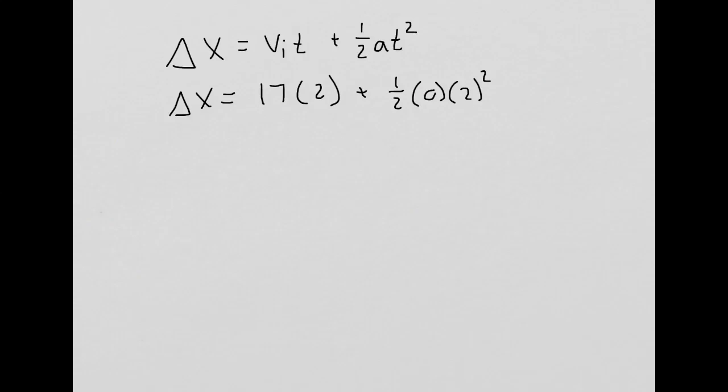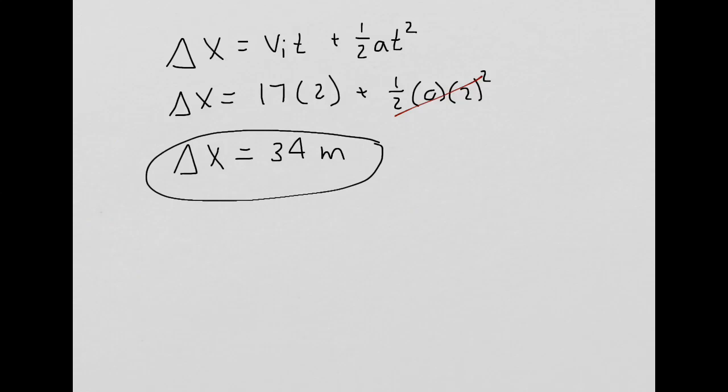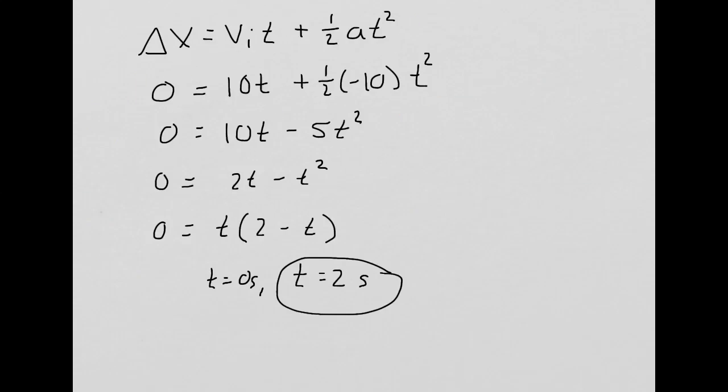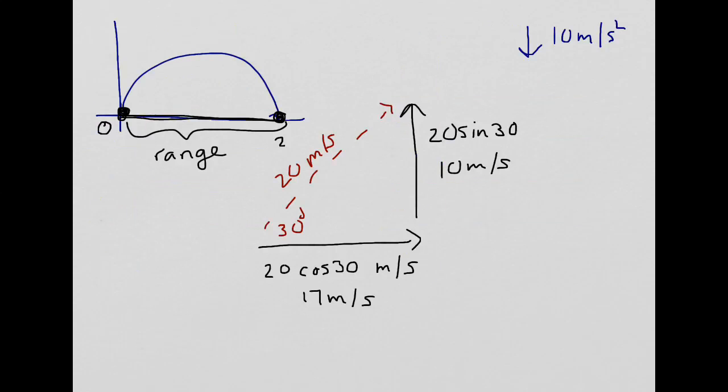Okay, so this term basically just goes away. So delta x equals 2 times 17, which is 34 meters. Okay, so the range of this is 34 meters. So from here to here is 34.